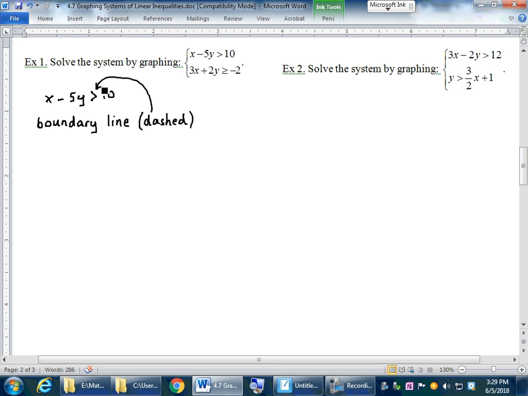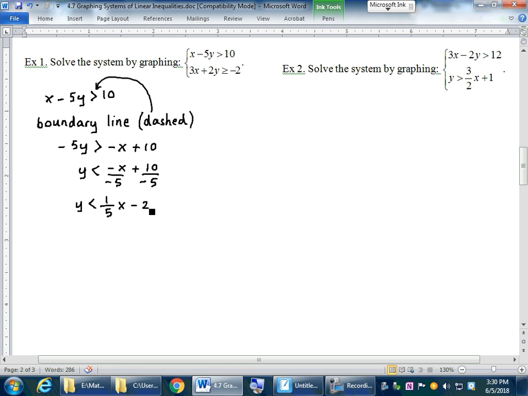So solving for y, which is putting it into slope-intercept form, we divide both sides by negative 5, so the inequality symbol will switch around. This gives me y is less than 1 over 5 x minus 2.